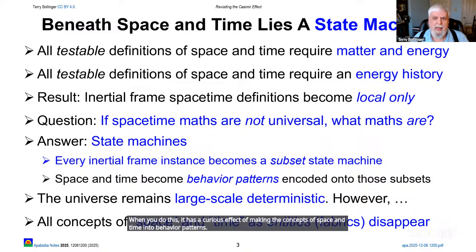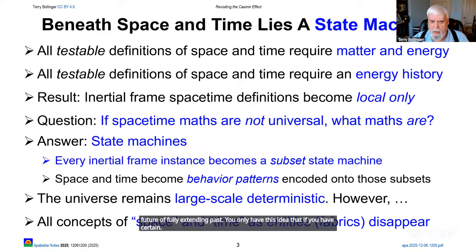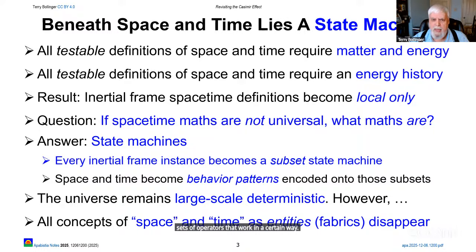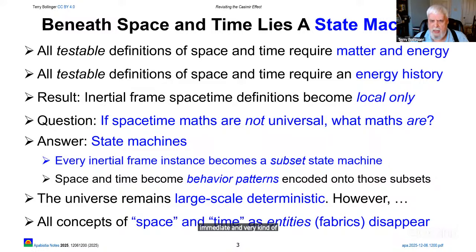You don't have this idea of a fully extending future, a fully extending past. You only have this idea that if you have certain sets of operators that work in a certain way, you wind up getting a behavior that we then interpret as time. So this is a very immediate and very much a pattern type of interpretation.